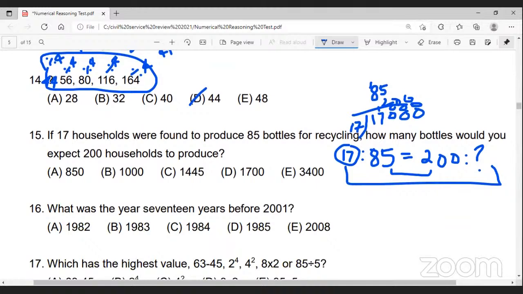Let's proceed to the 16th item. 17 years before 2001.